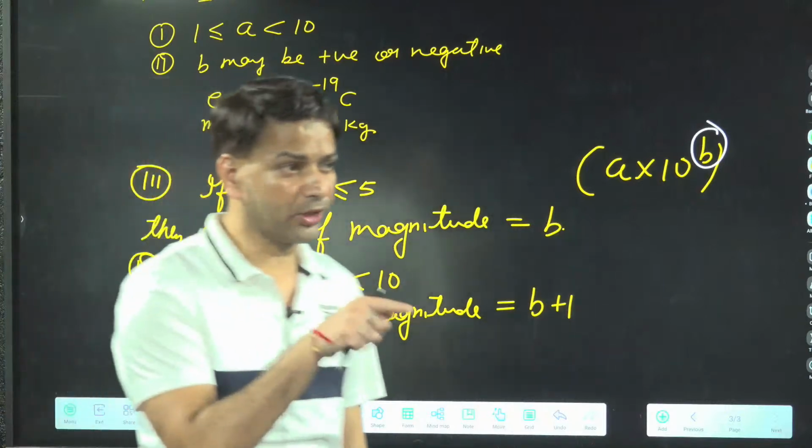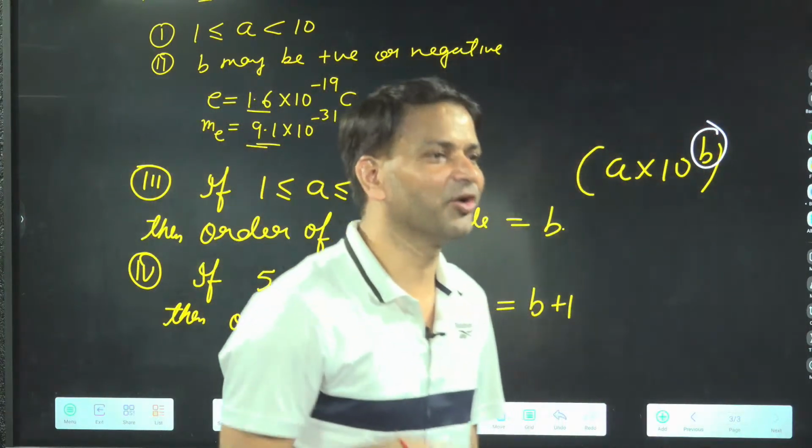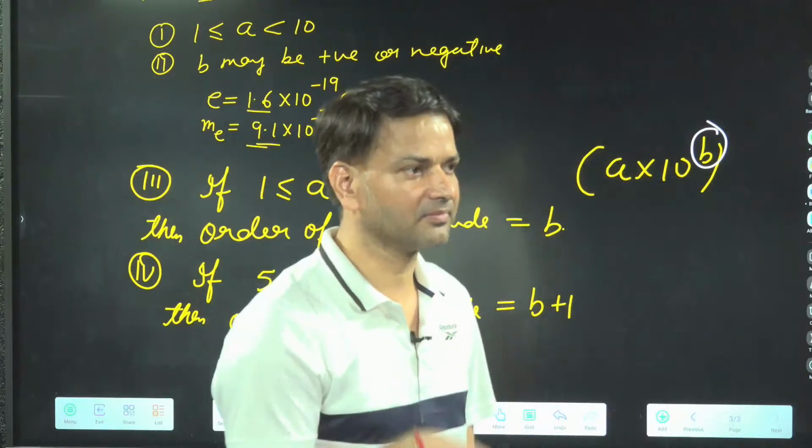Now come to the electronic mass. Electronic mass is 9.1 into 10 to the power minus 31. You have to add 1, Priyanka.